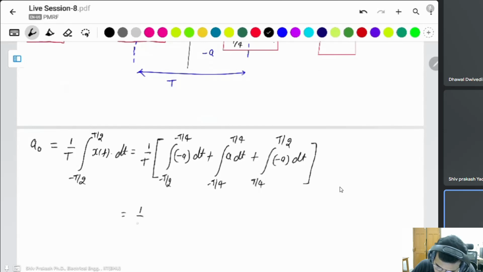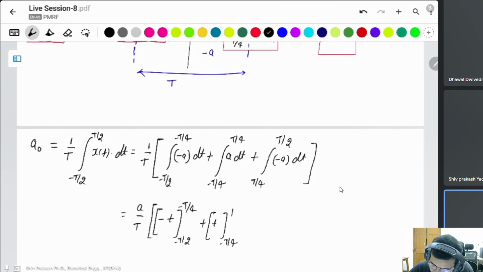Okay, this will be 1 by T, minus of A. You can take A common out of all things. Then this will be A by 2 minus of 1 or minus of T, the limit will be minus of T by 2 to minus of T by 4, plus of T, this limit will be minus of T by 4 to T by 4, minus of T, this limit will be T by 4 to T by 2.